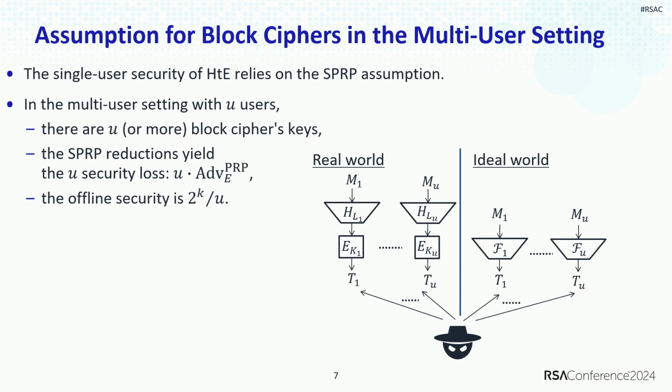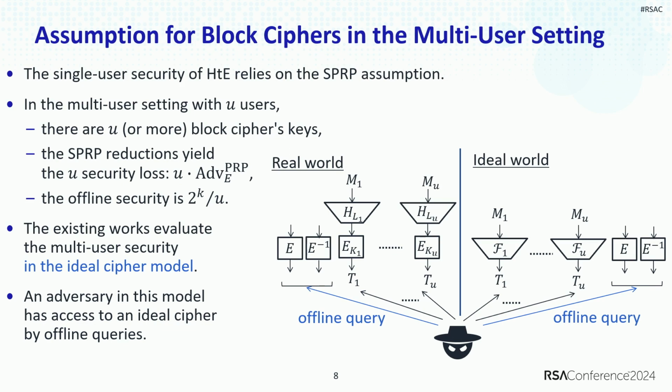By this replacement, U PRP advantage functions are introduced in the security bound. This means U security loss arises, so the offline security is reduced according to the number of users.